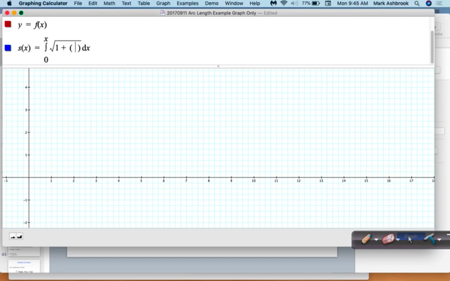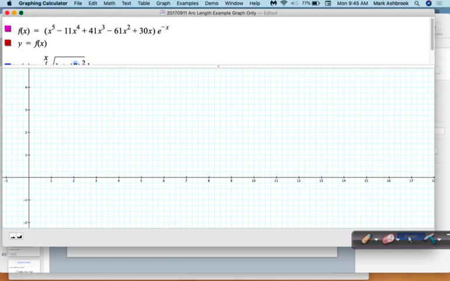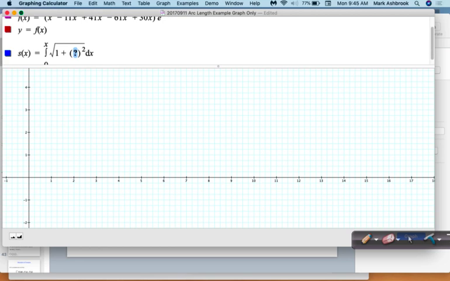I could define the rate of change of f on a different line, but I'm not doing any of that.